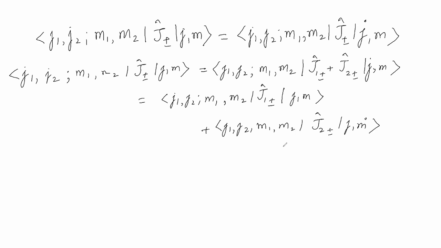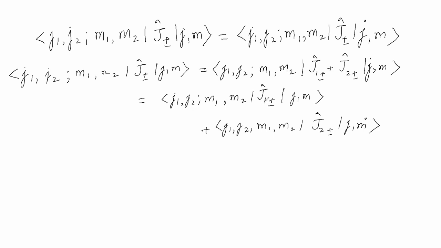Okay. Now you see, the important point is J plus will operate on Jm, or J minus will operate on Jm. But J1 plus or J2 plus or J1 minus or J2 minus, since they operate on J1, J2, M1, M2, they will operate on this bra.